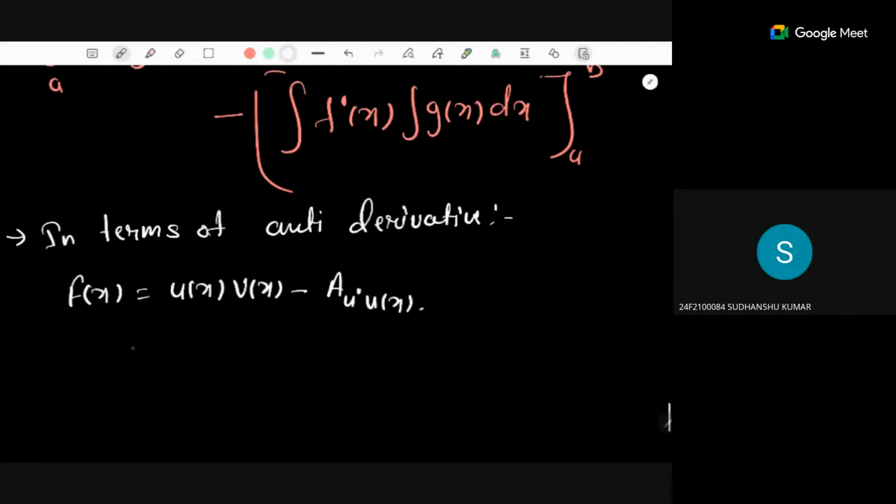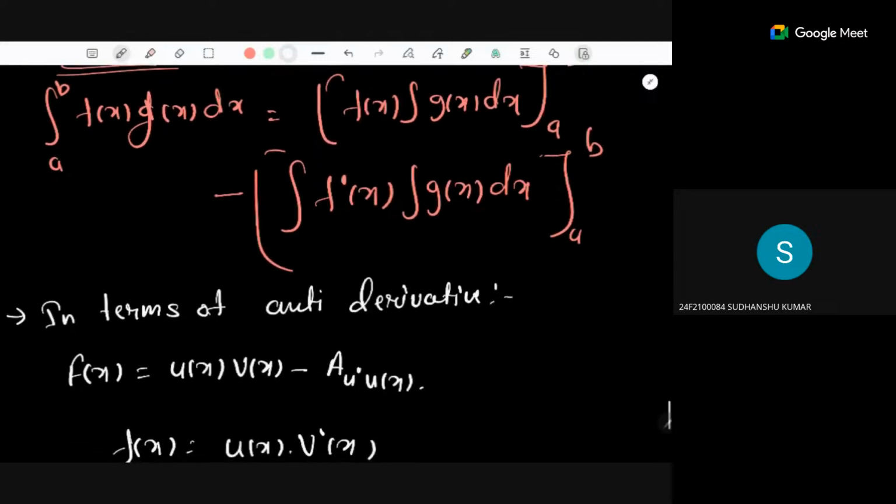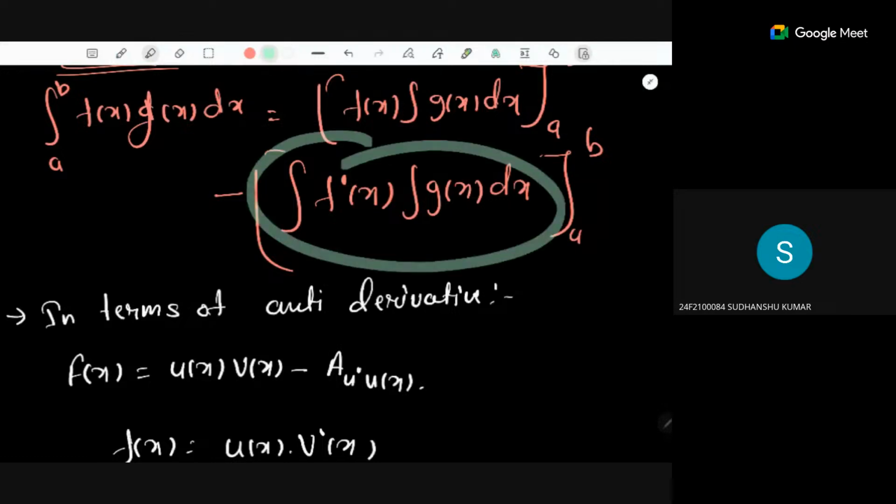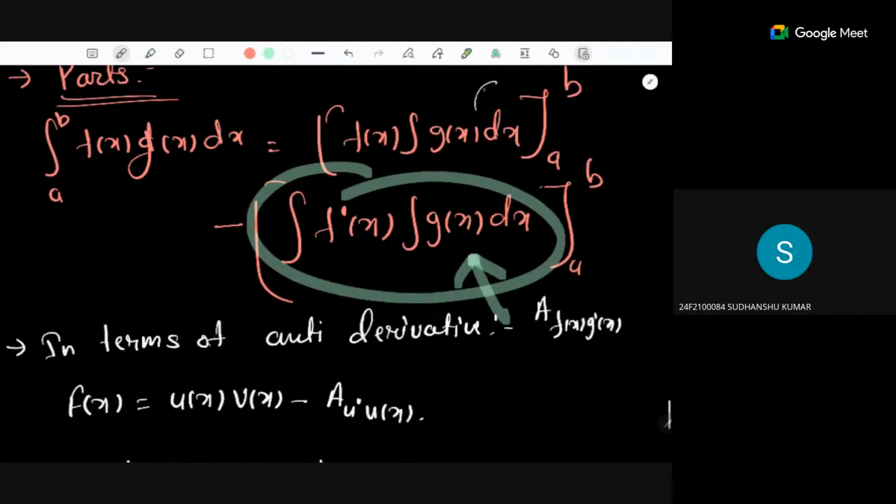Here the small f of x is nothing but u of x into v dash of x. So you can observe that this whole thing is actually the antiderivative of f of x into g dash of x, and this whole thing is our u of x into v of x itself.